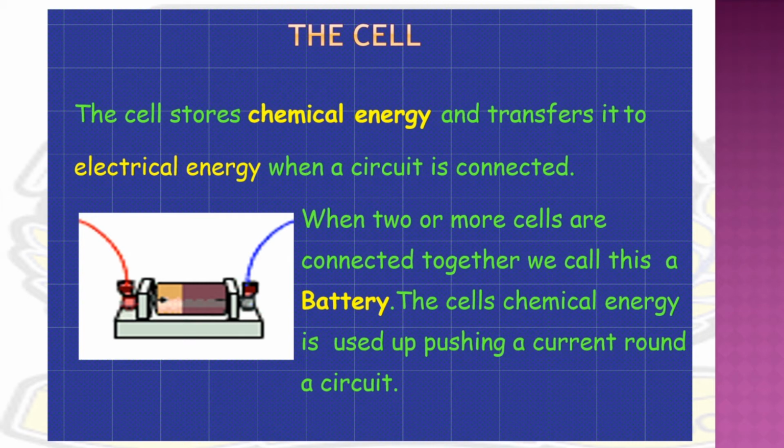Now students, an electrical cell is an electrical power supply actually, and it converts stored chemical energy into electrical potential energy, allowing the current in the circuit to flow from the positive terminal to the negative one via an external circuit. And the positive terminal is called a cathode and the negative terminal is called an anode.